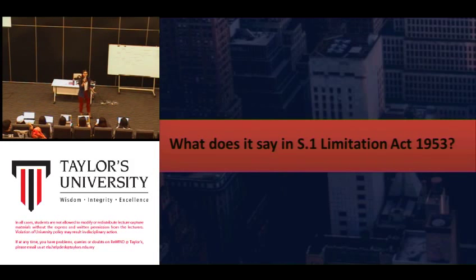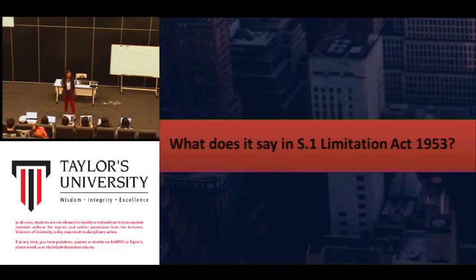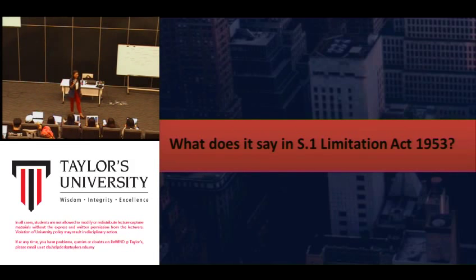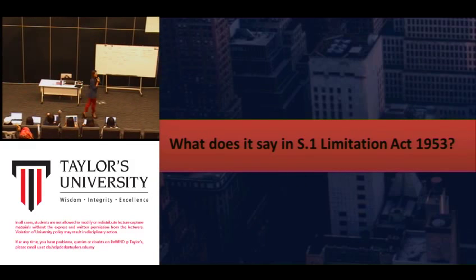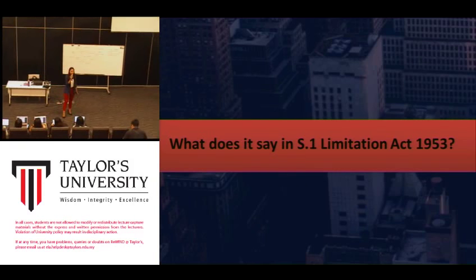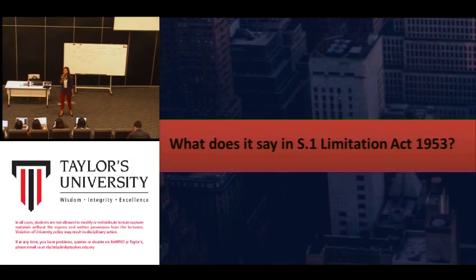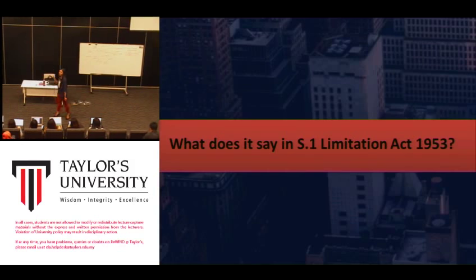What does it say in section 1 of the Limitation Act? Correct. So if you look through the Limitation Act, section 1 states it only applies in Peninsular Malaysia. So where does Dr. Azri reside? Sabah.